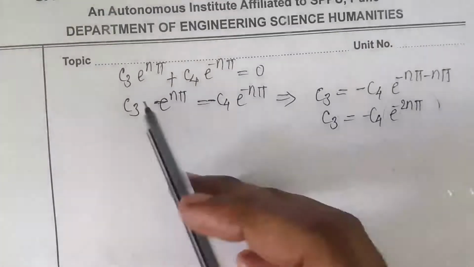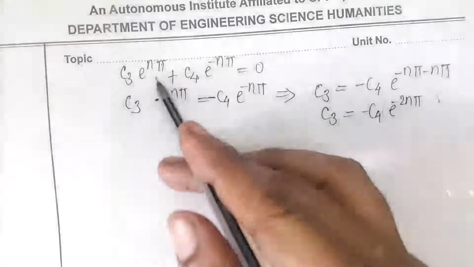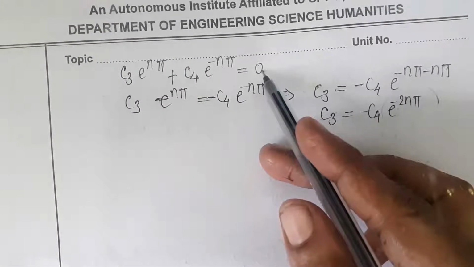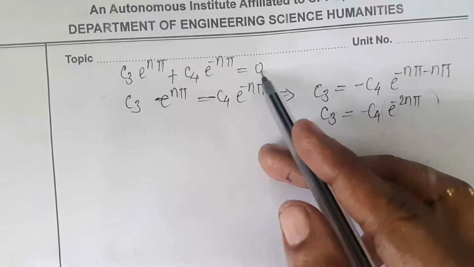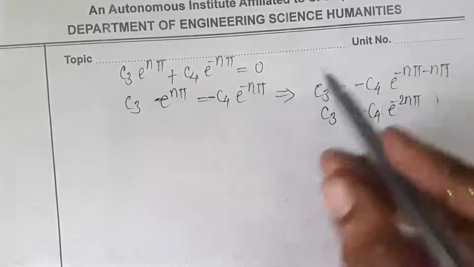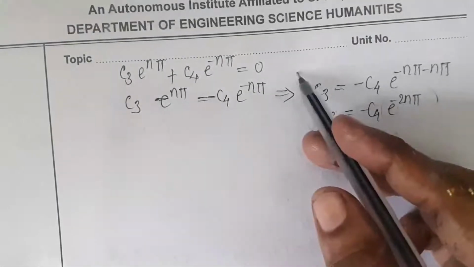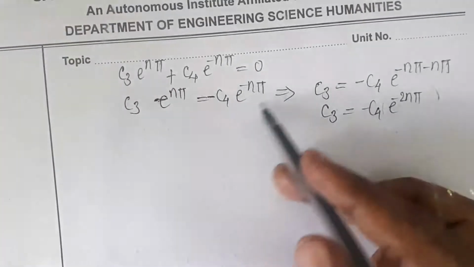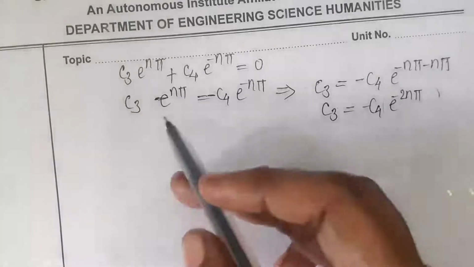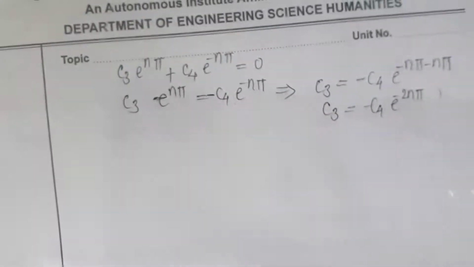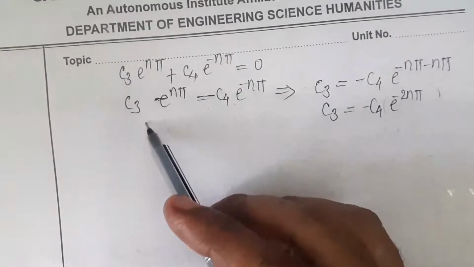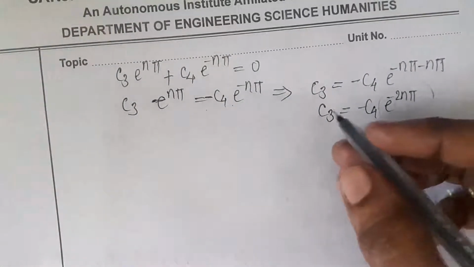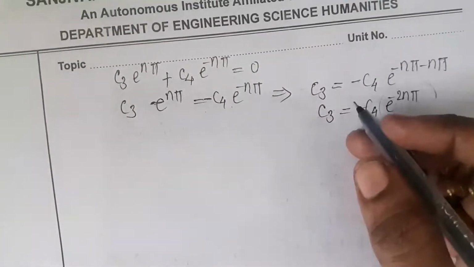We get the equation c3 e^(nπ) + c4 e^(-nπ) = 0, because sin(nx) cannot be 0, so this term must be 0. Since e^(nπ) and e^(-nπ) cannot be 0, it can be written as minus times c4. So whatever the value of c3, you will get minus of c4. In that way you can consider any constant here.